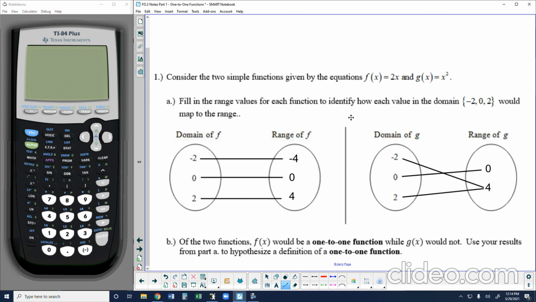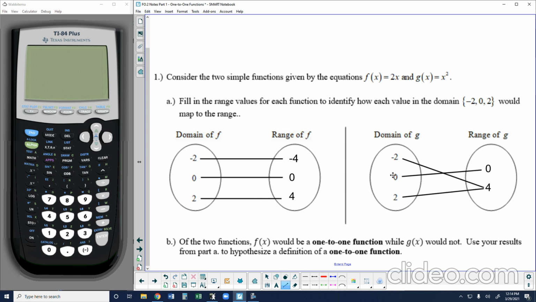So in the domain, each x value has one y value. To be a one-to-one function, the converse of that has to be true. So each y value is only going to have one x value. f of x is a one-to-one function because each of the x's goes to only one y, but each of the y's also goes to only one x.